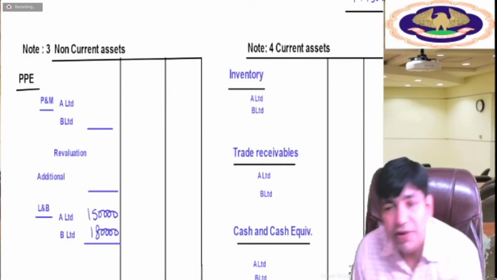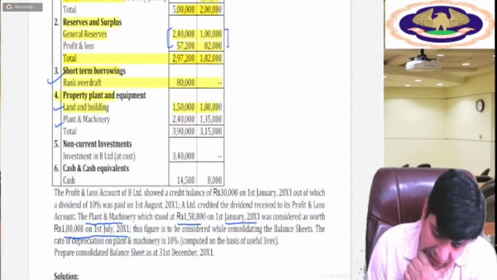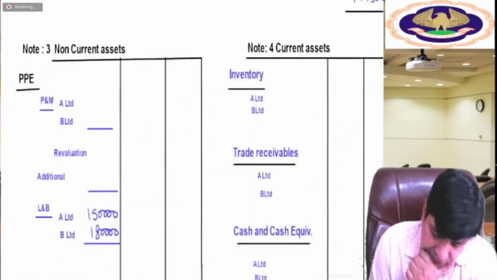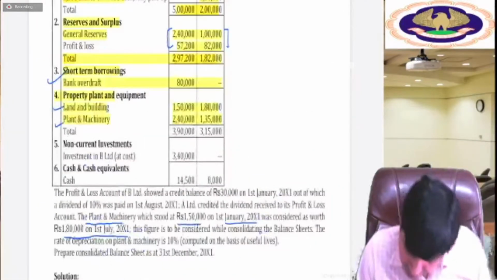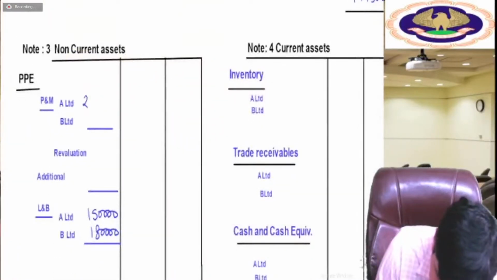Very good, everyone. You all are doing great. After the land and building, you have to post the plant and machinery figure. Since you have already made a space for the revaluation part, you need not take tension. So 2,40,000 and 1,35,000.